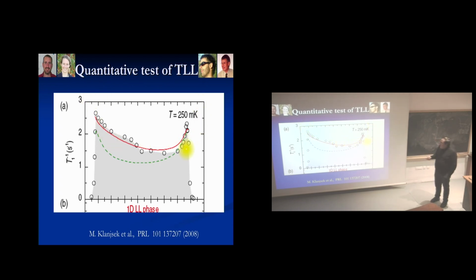There is no other word for it. Okay, maybe not perfect, but at least very satisfactory. We reproduce not only the shape of the curve, but we also reproduce the amplitude of the curve.